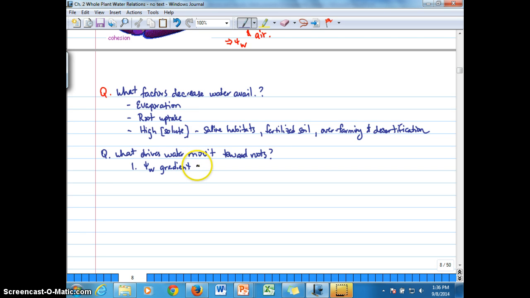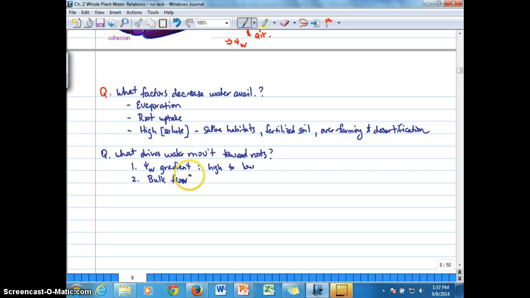So, a water potential gradient from high to low. We're going to talk mostly about this water potential gradient and the factors that determine water potential in soils, but another factor that we will talk about a little later is bulk flow.